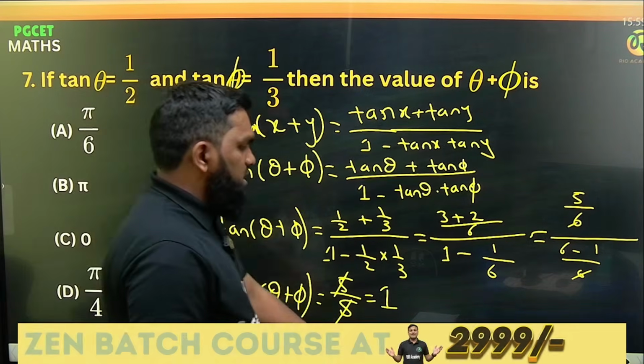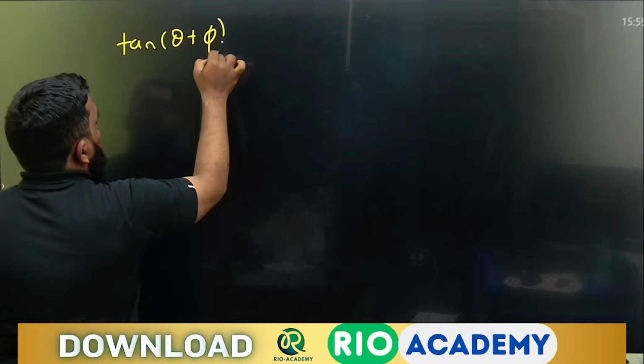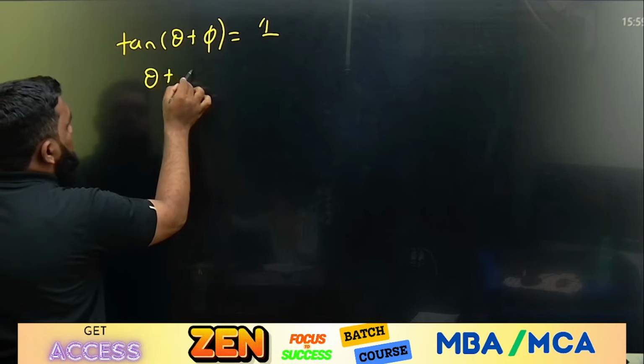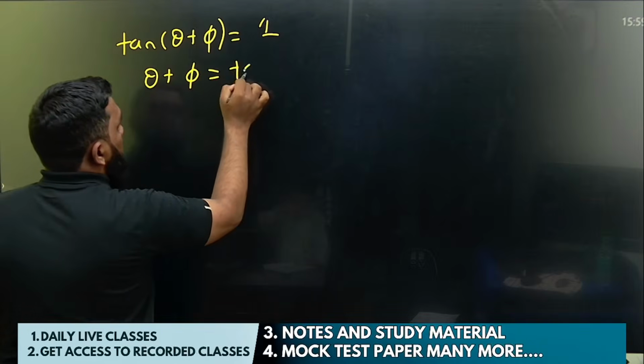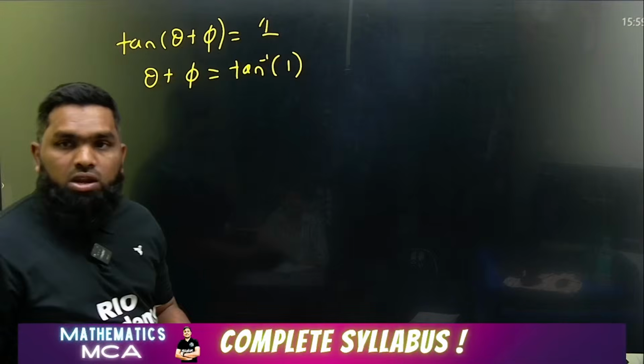Now tan shifts to that side. Tan of theta plus psi equals 1. We have shifted tan to this side; theta plus psi we need to find. Now tan inverse of 1. What is the principal value of tan inverse of 1?